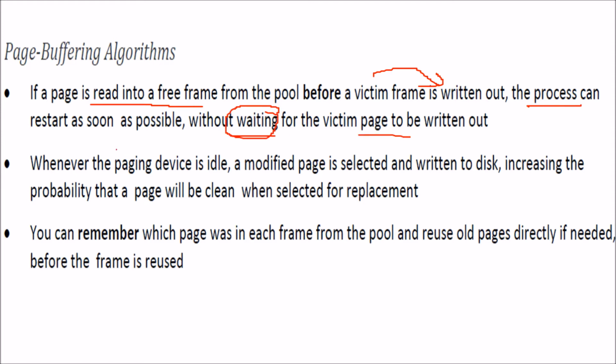Whenever the paging device is idle, not doing any work, a modified page is selected and written to the disk, increasing the probability that the page will be clean when selected for actual replacement. You can also remember which page was in each frame in the pool and reuse the old page directly if needed, before the frame is reused, of course.